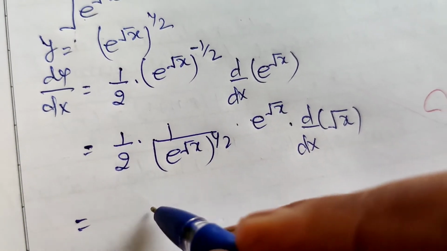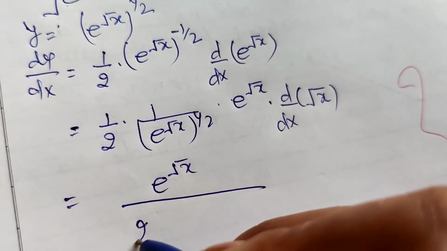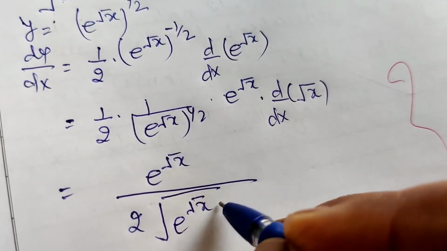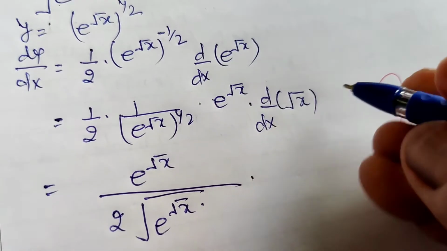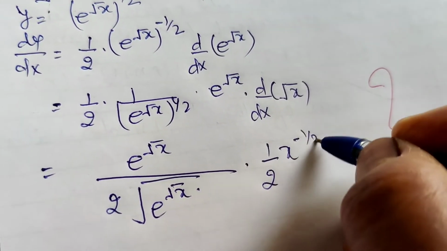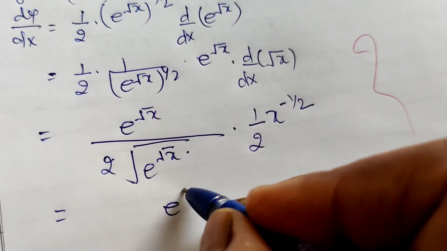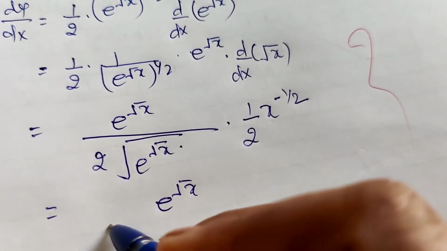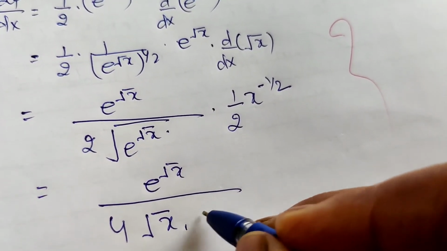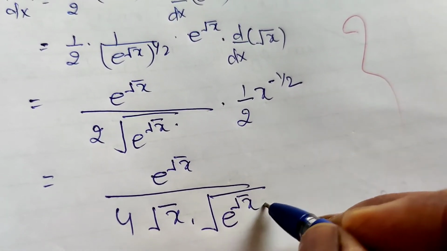Again, e raised to power root x upon 2 root of e raised to power root x, and differentiation of root x is 1 by 2 x raised to power minus 1 by 2. So it is equal to e raised to power root x upon 4 under root x and under root e raised to power root x.